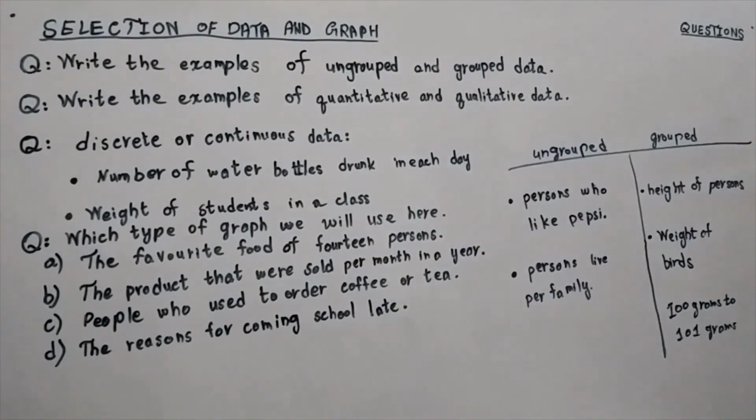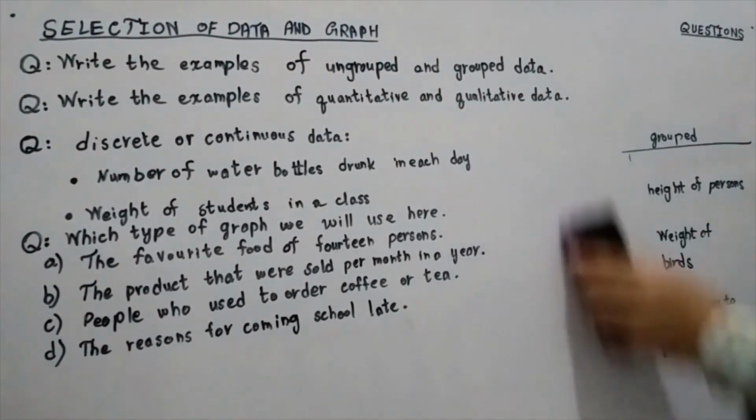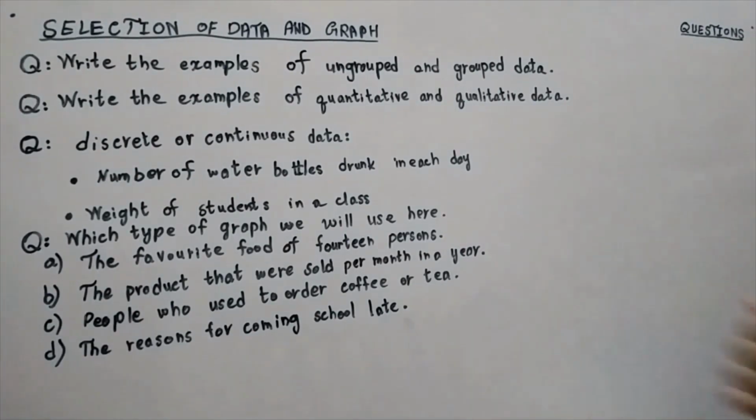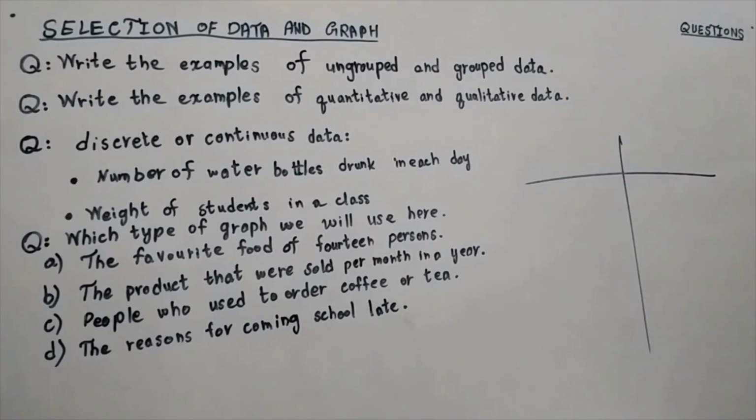Now our second question is, write examples of qualitative and quantitative data. You know what qualitative data is. Qualitative data is data in which numbers are not present, and the quality of the data is described. It is also known as categorical data.